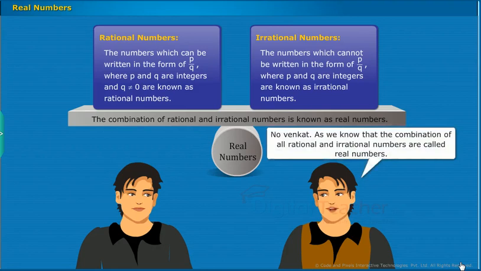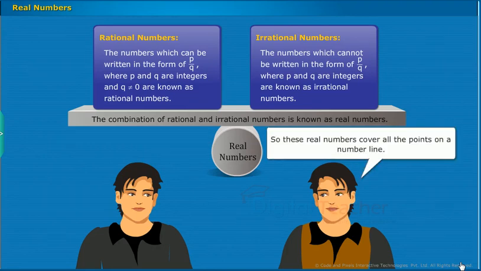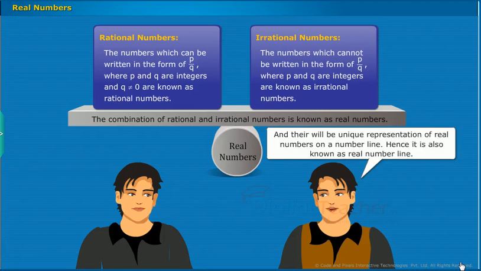No, Venkat, as we know that the combination of all rational and irrational numbers is called real numbers. So these real numbers cover all the points on a number line, and there will be a unique representation of real numbers on a number line. Hence it is also known as the real number line.